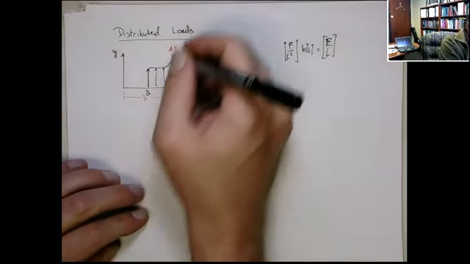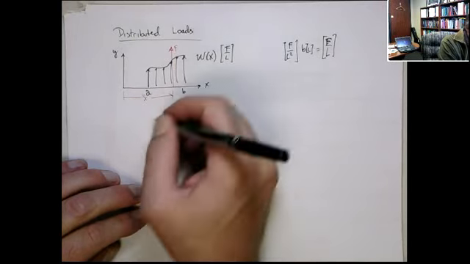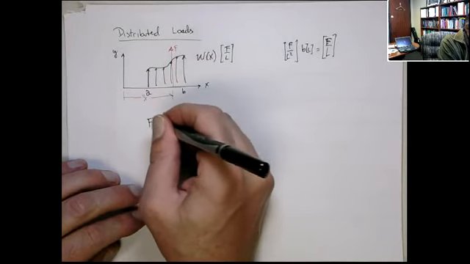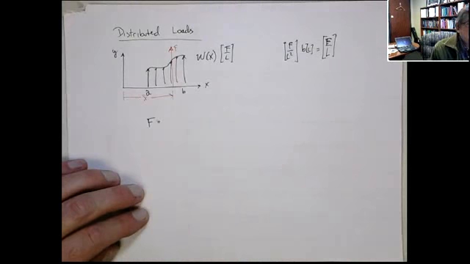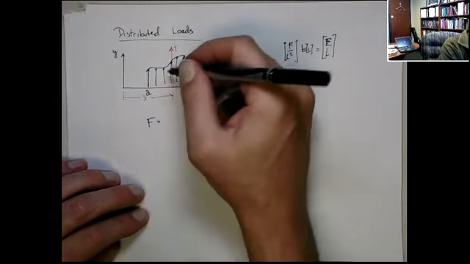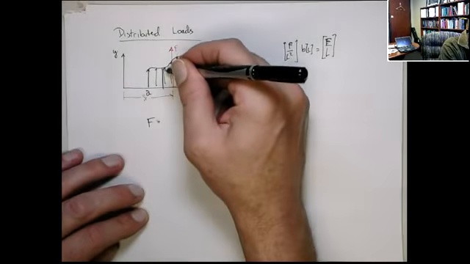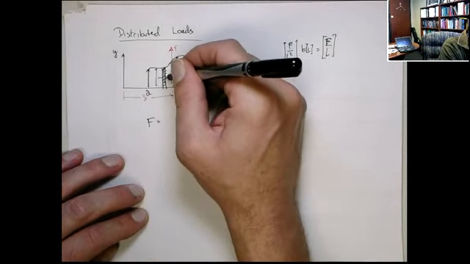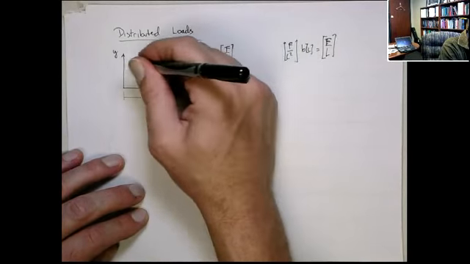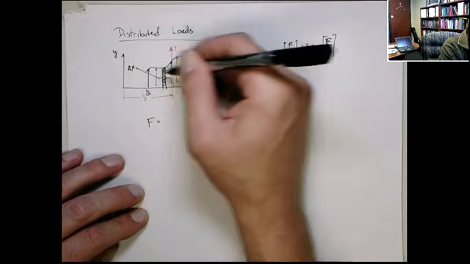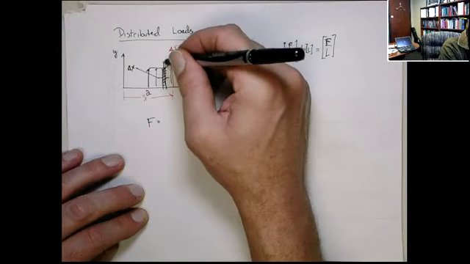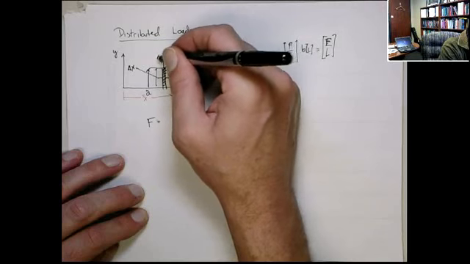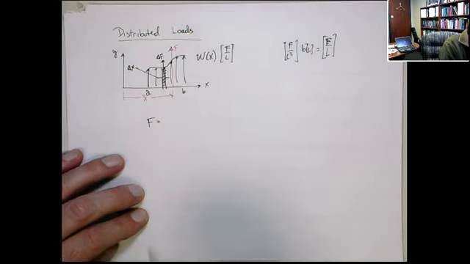Okay, so this magnitude F you get by simply integrating over the entire distributed load. Look at a little region here, delta x. There is some differential force there, dF.